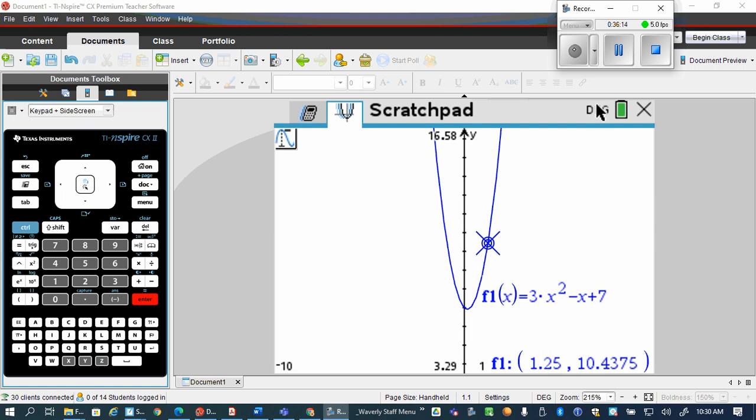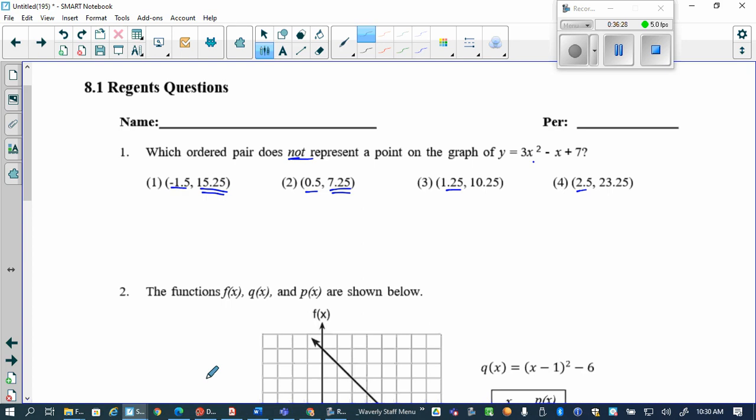They have what, 10.25, and it's really what? 10.44, wouldn't it be? Yeah, so that would be our choice. Anyway, so really it should be 1.25, comma 10.44, right? So that's the one that's not.